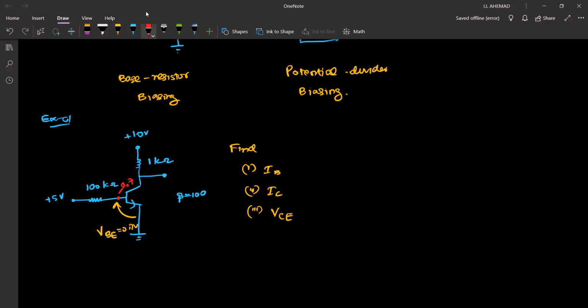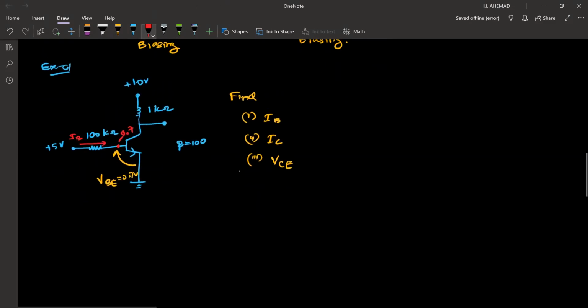My first question is to find the IB current. The current through this resistor is the IB current. We can find it because we know the potential difference across it.